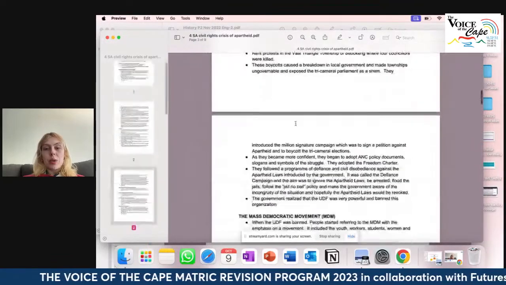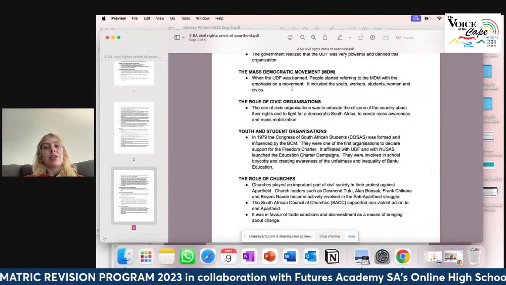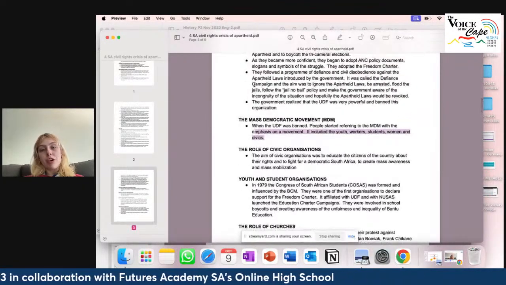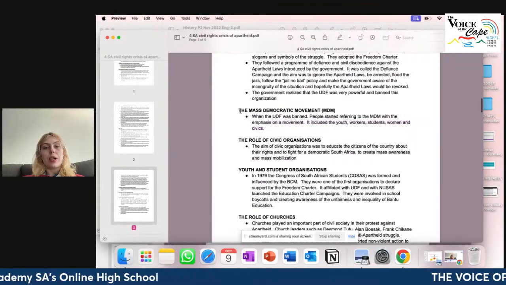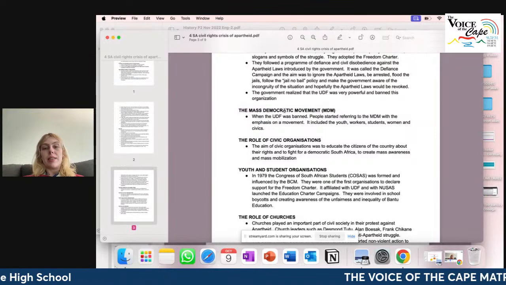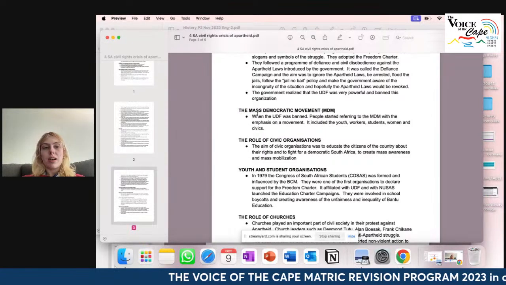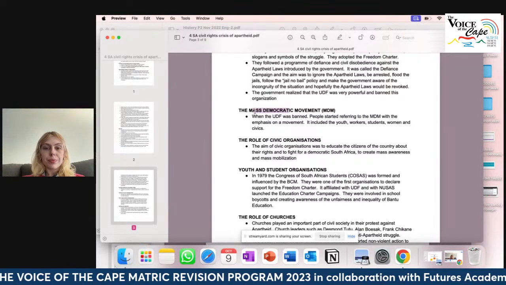And it's asking you about the mass democratic movement, which is essentially an umbrella body. When the United Democratic Front was banned, a lot of different organizations just started working underneath this umbrella term of the mass democratic movement. It was not an official organization.